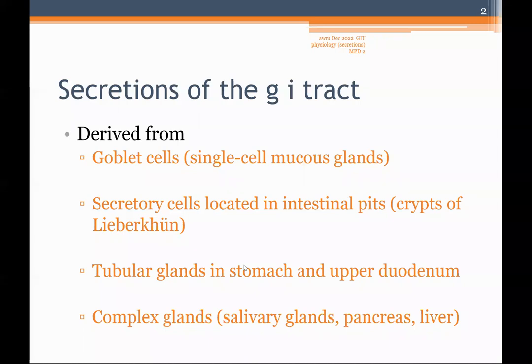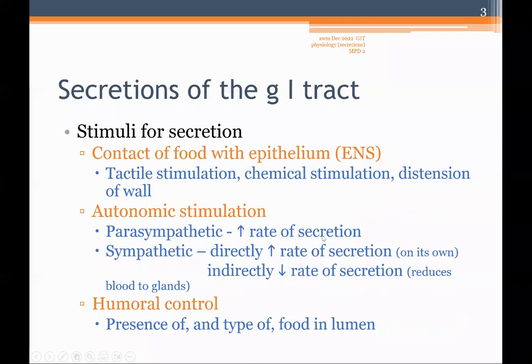So for example, the major salivary glands: the parotid gland, submandibular gland, and maybe the sublingual. Then you have the pancreatic duct, and you also have the liver, which empties its secretions into the gallbladder, and then the bile duct conveys the bile into the digestive system. So those are the sources.